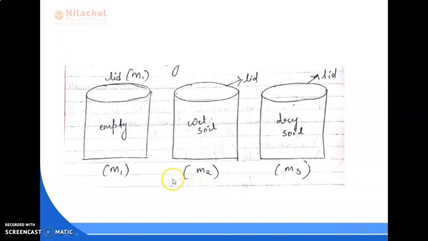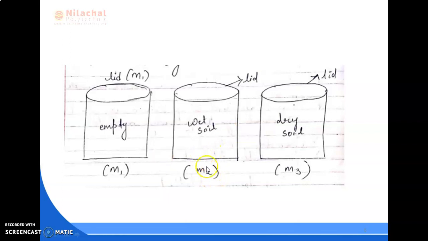After that, we take some wet soil for the testing. It may be 100 gram, it may be 20 gram or 30 gram as per our requirement. We take this small amount of wet soil and put it within this container, and again we take the measurement of the container plus wet soil plus lid, and this is M2.